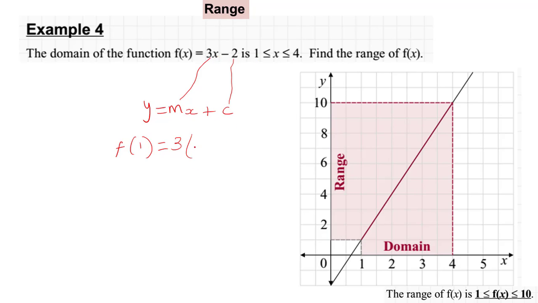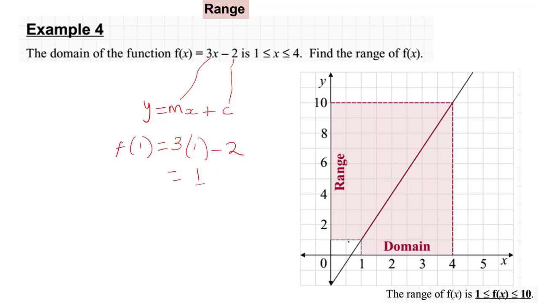Then minus 2 over there. So we have 3 times 1, which is 3, take away 2, is going to be 1. So I want you to notice that when x is 1, y is 1.